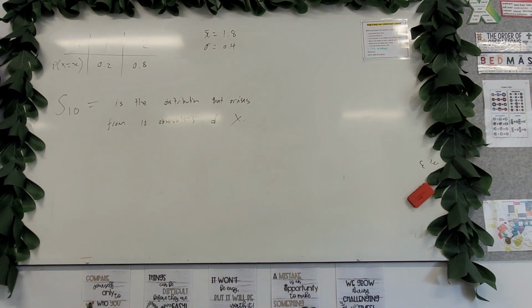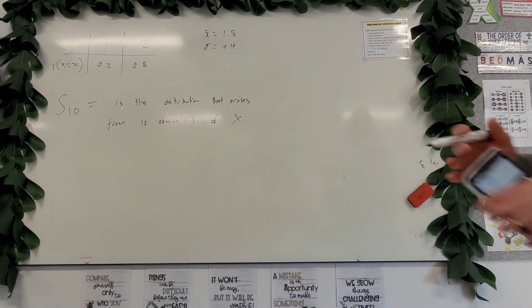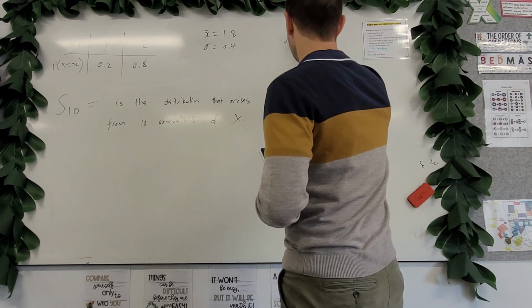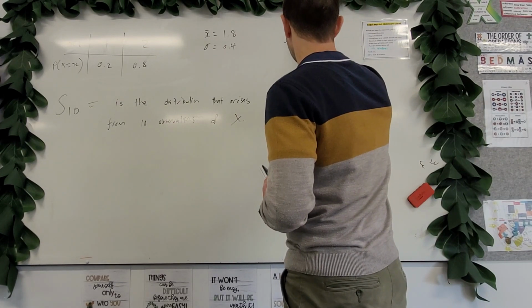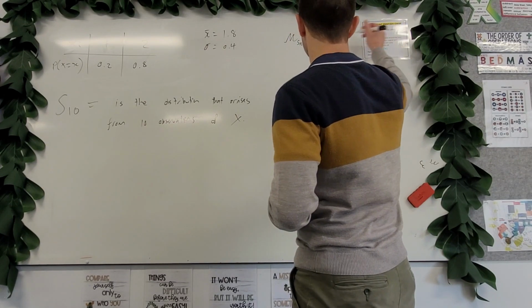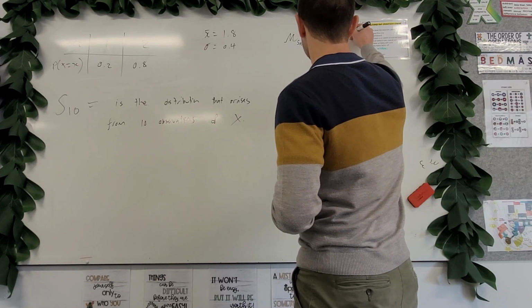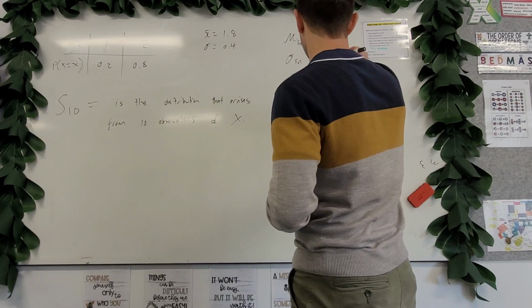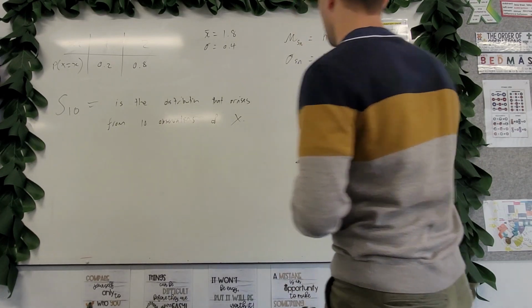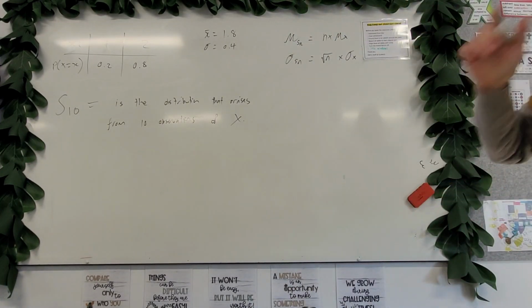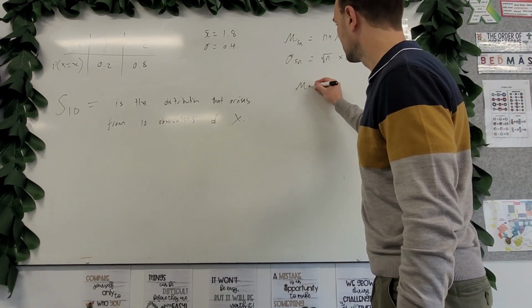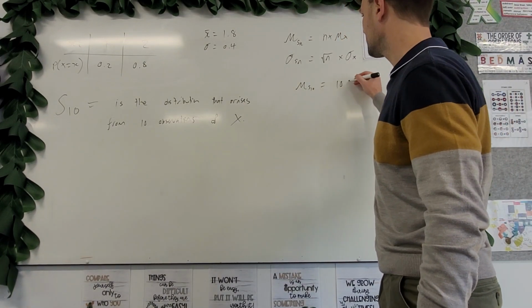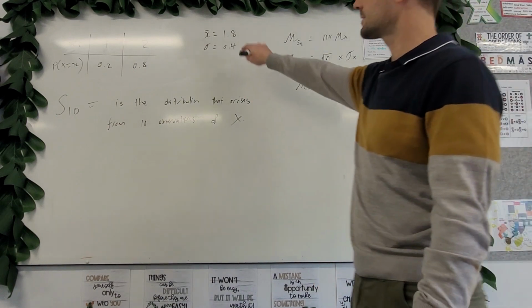Okay, find the mean and standard deviation of S10. So we're going to look at the second grayed out box. I'll write it up here, the formula. The mean of Sn is equal to n times the mean of X, and the standard deviation of Sn is equal to the square root of n times the standard deviation of X. So the mean of S10 is going to be 10 times the mean of X, which is 1.8.